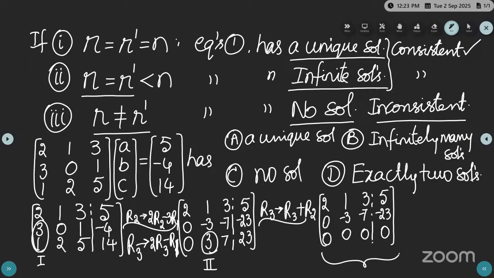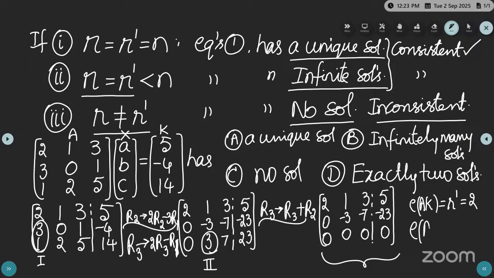Rank of augmented matrix, R dash, equals 2.